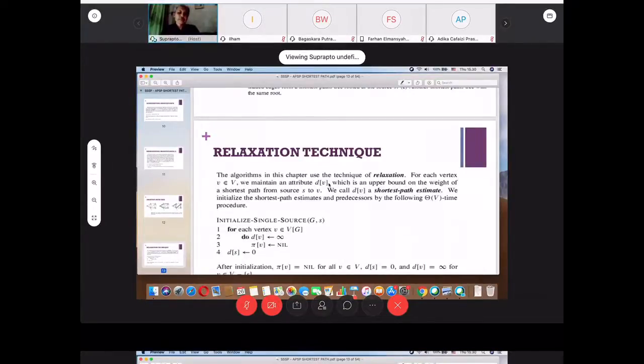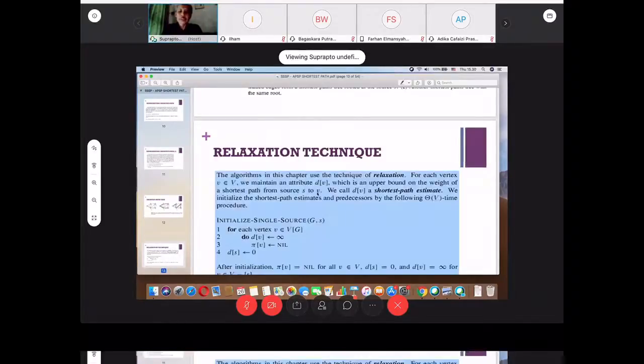Discovery is for DFS. In this case, we call it the shortest path estimate, and the value of this attribute is an upper bound on the weight of the shortest path from S to v.